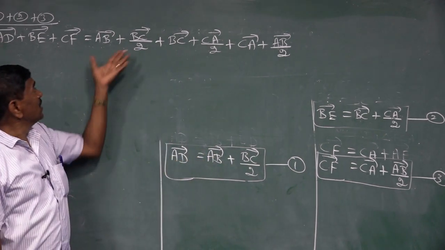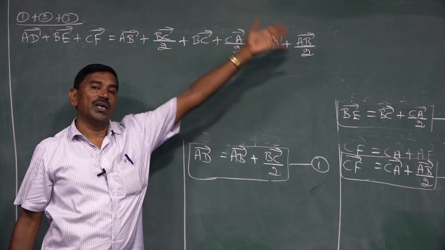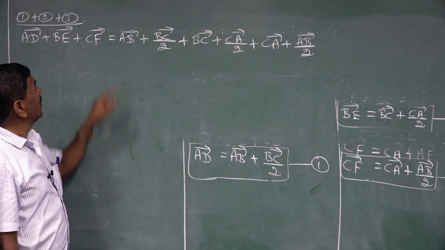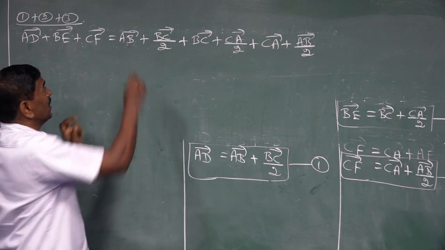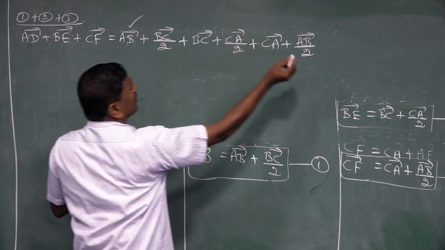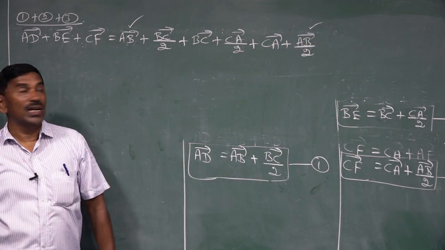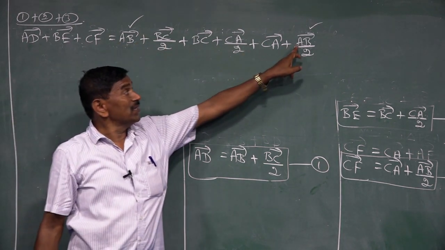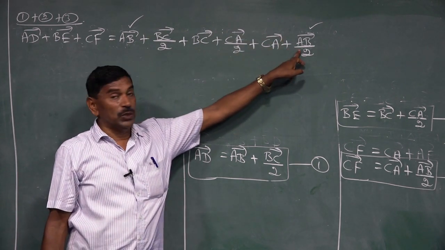Okay, listen. First term plus second term plus third term. Now simplify yourself. Any idea? AB vector is present in how many places? Yes, 2 places. AB vector, what is the total? It is 1 AB vector, and it is half of AB vector. Here 1 plus 1 by 2.